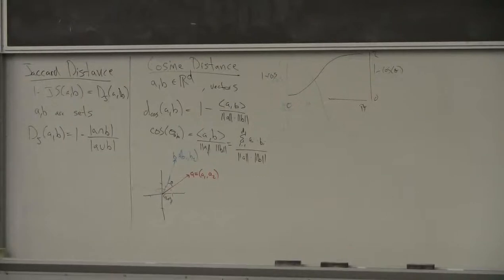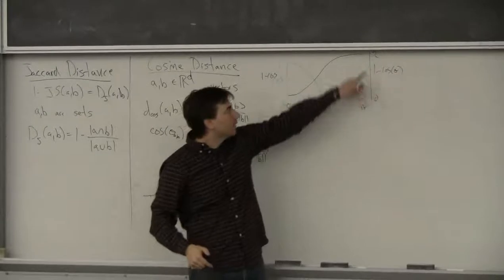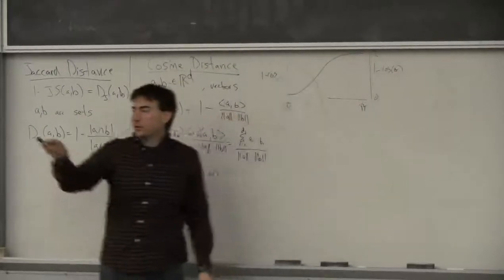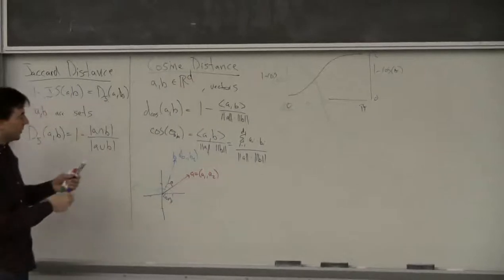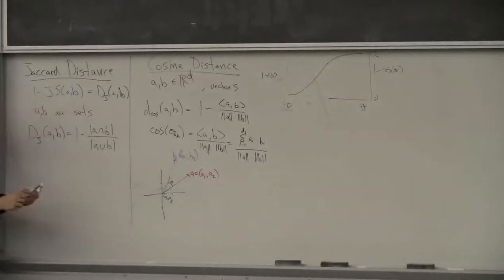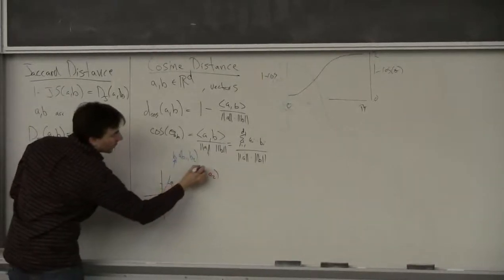How can this happen? No, it's not 180 degrees. If they're 180 degrees, the angle is pi, the distance will be 2. Yeah, the length is going to be different. So you have A, B, and C. What if B was the same as A, but it was longer?